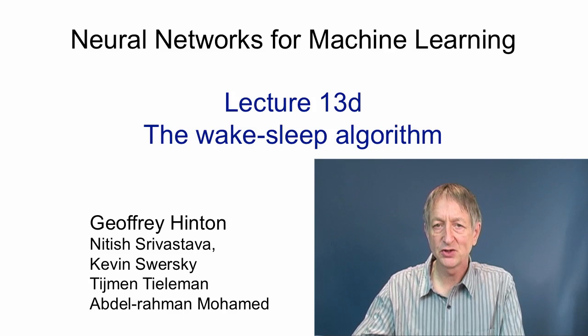The ideas behind the wake-sleep algorithm led to a whole new area of machine learning called variational learning, which didn't take off until the late 1990s, despite early examples like the wake-sleep algorithm, and is now one of the main ways of learning complicated graphical models in machine learning.